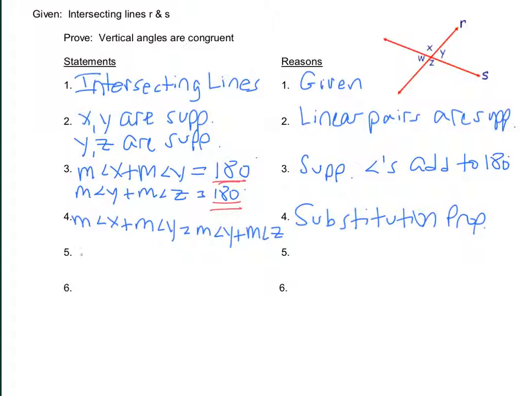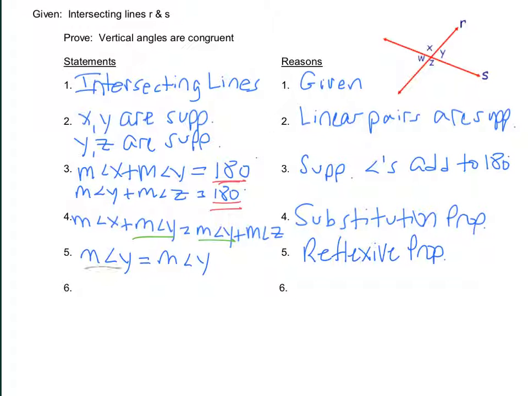First, I have to state that the measure of angle y equals the measure of angle y by reflexive property. Remember, before we subtract these out, we have to state that it's equal to itself by reflexive.